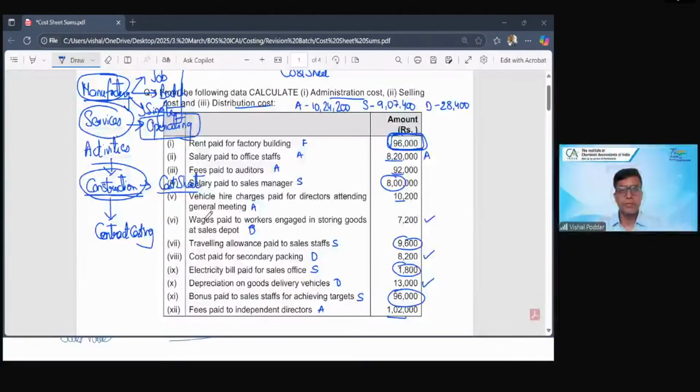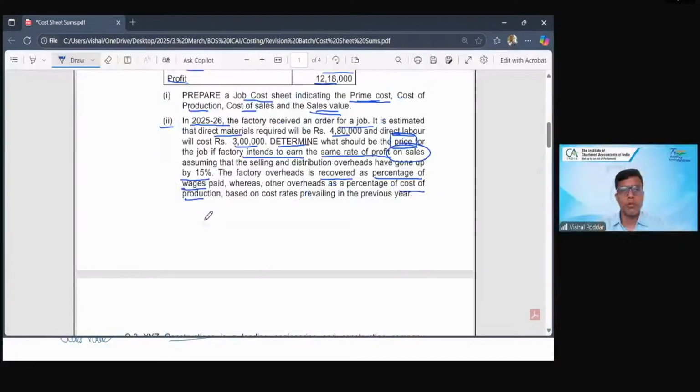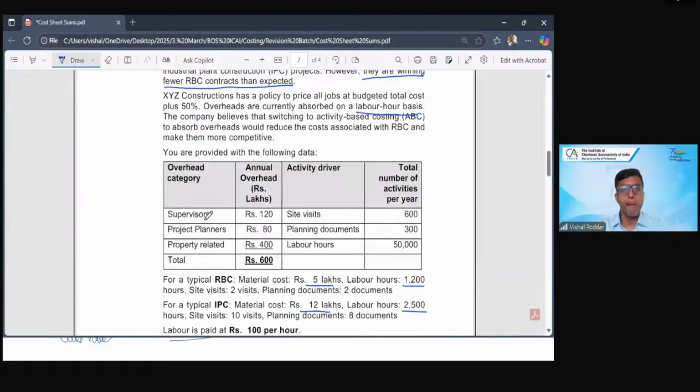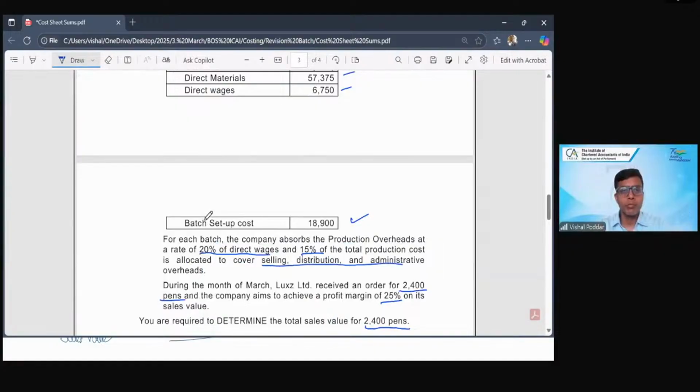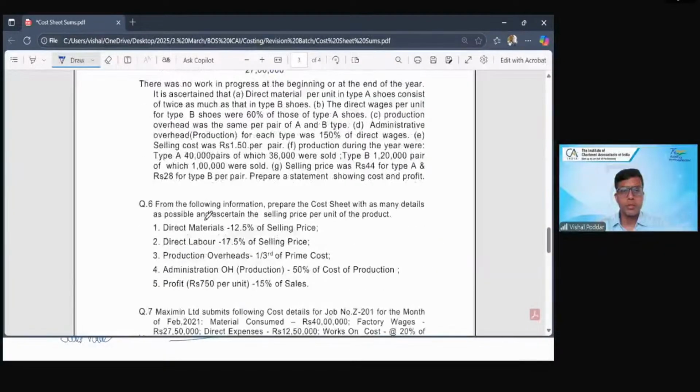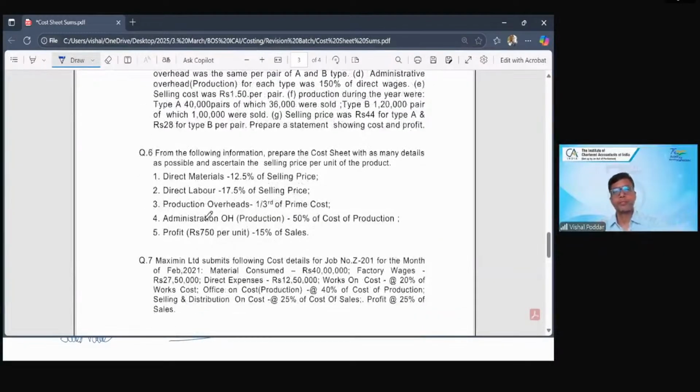Let us proceed then. Once this is done, all clear to everyone. Let us first go to sixth. Now this sum is also interesting. The reason is that if you read the question, it is straightforward.